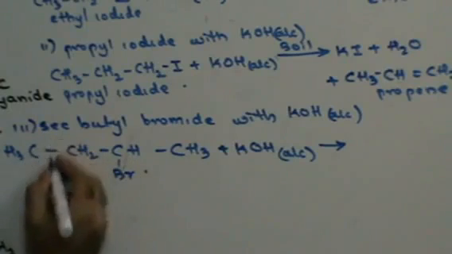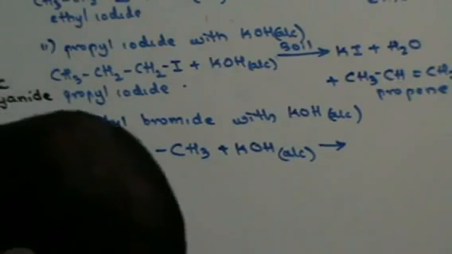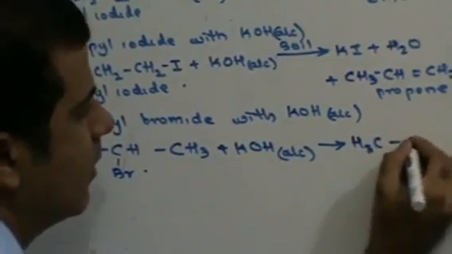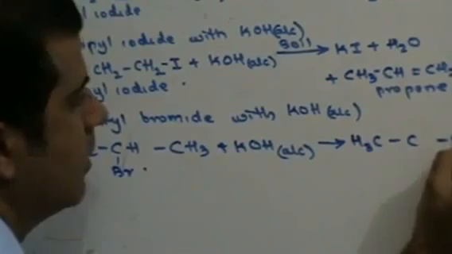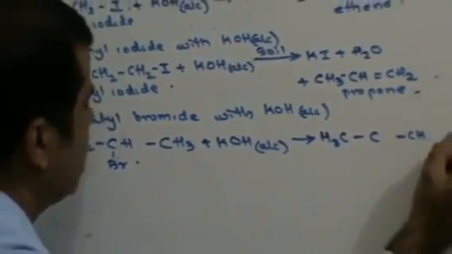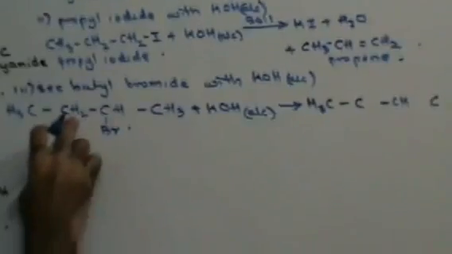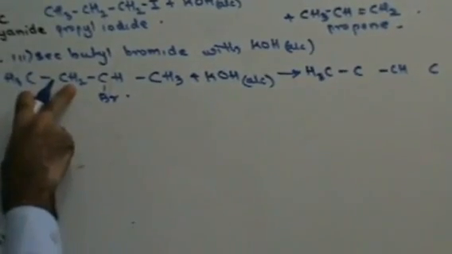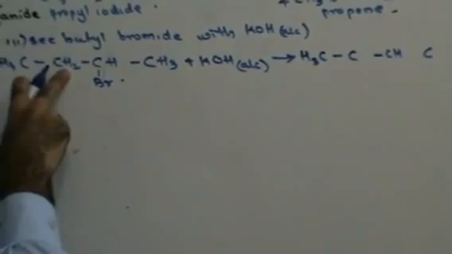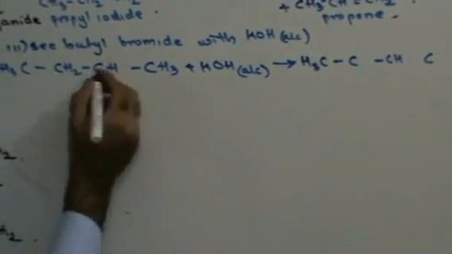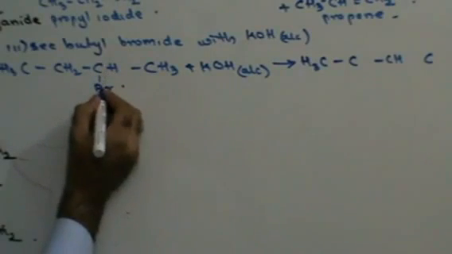This is your sec butyl bromide, so in which case you will have H3C, C, CH. Now the question is, from where do I remove hydrogen? If I use Saytzeff's rule, I'll have to remove hydrogen from that carbon atom containing less number of hydrogen atoms. From here I'm removing bromine.